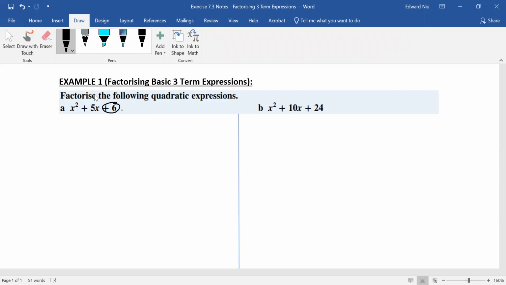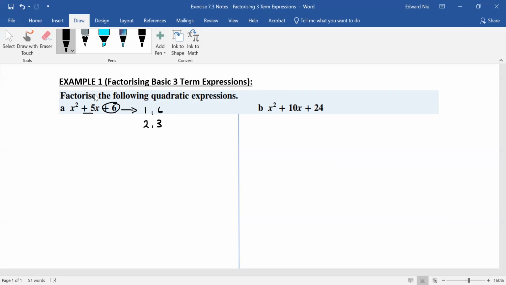We have to think, what are the factors of 6 which add up to positive 5? You want to make sure it's in the multiplication combinations. For example, 1 times 6 gets you 6, or 2 times 3, which gets you 6.